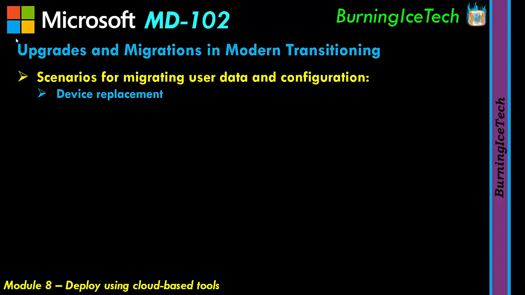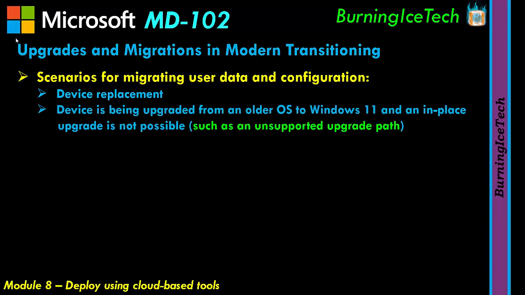Alternatively, this can be a device is being upgraded from an older operating system to Windows 11. So this could be something like Windows 10 to something like Windows 11, and an in-place upgrade is not possible. Now, usually if you have an old machine with an old version of Windows, your first path would probably be to try and upgrade. But like I said in the beginning of this topic, there's T's and C's that apply.